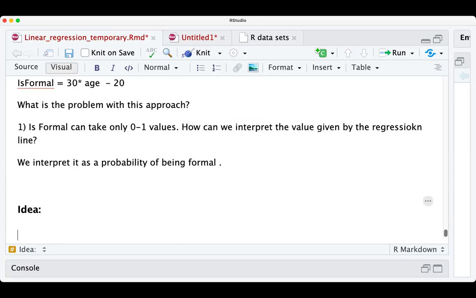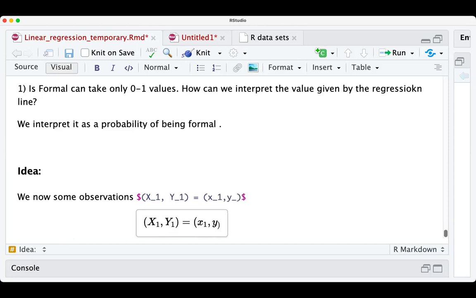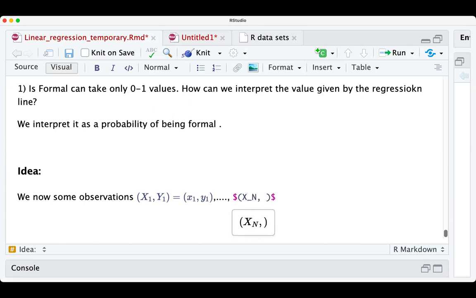So we have now some observations x1, y1, which is equal to little x y1, until we have n observations of age and variant of the word that we say that the informant used.